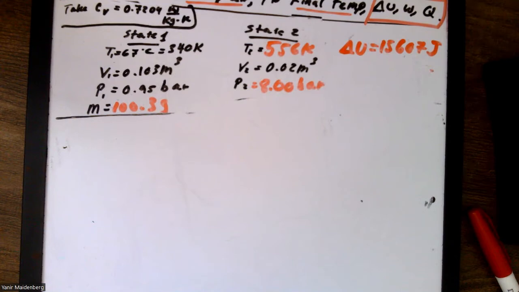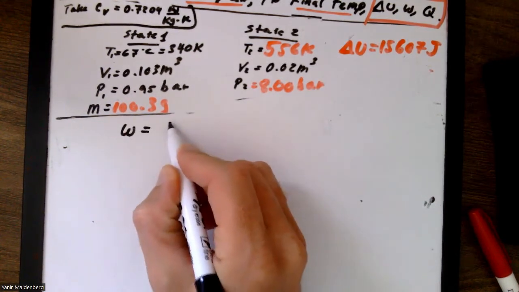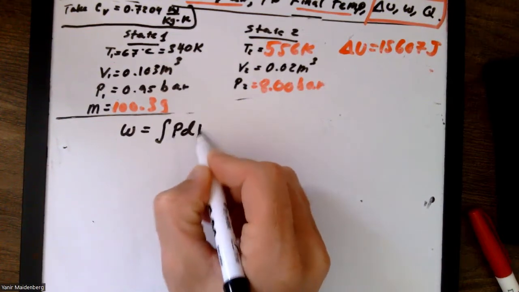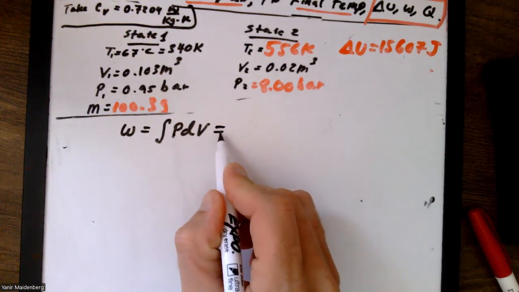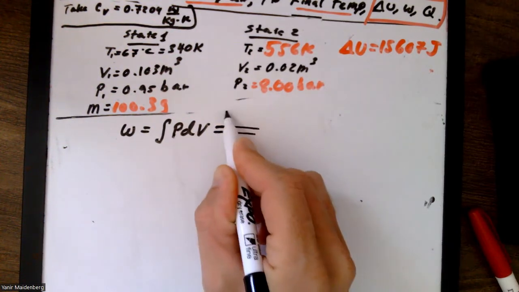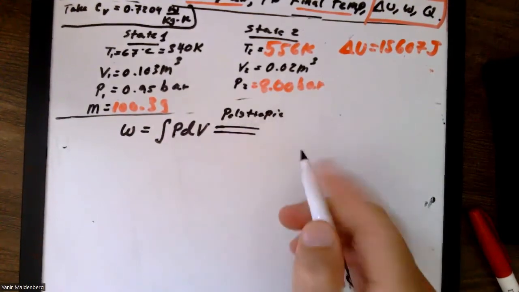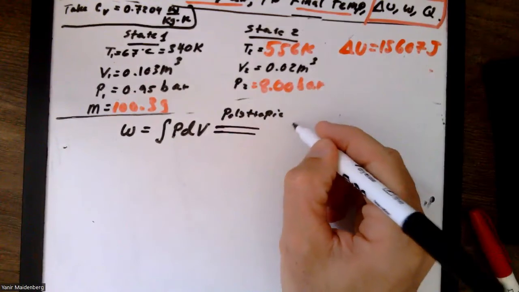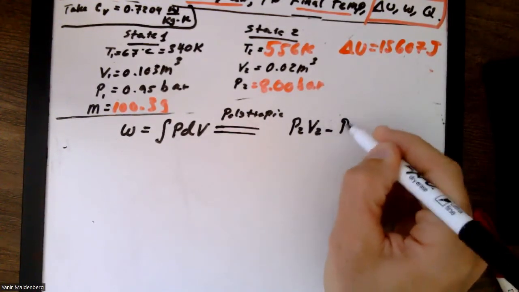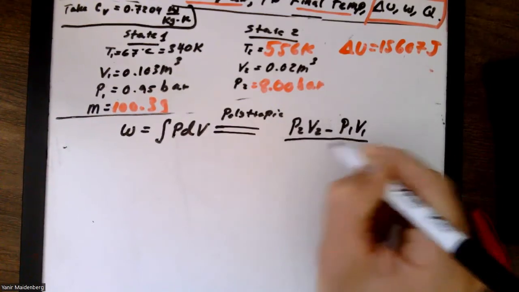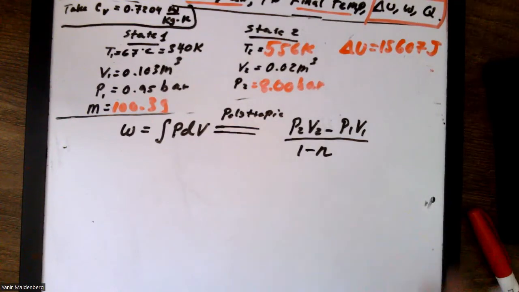Okay, so to get the work, this process is a polytropic process. So in general, as we know, work is equal to the integral of PdV, and I derived it in the notes, but specifically for a polytropic process, we were able to derive that P2V2 minus P1V1 divided by 1 minus N should give me the work.